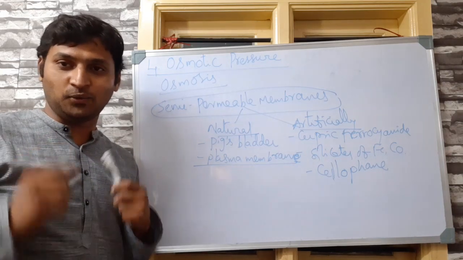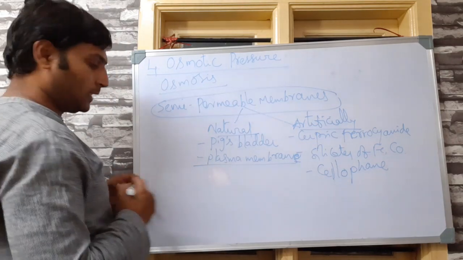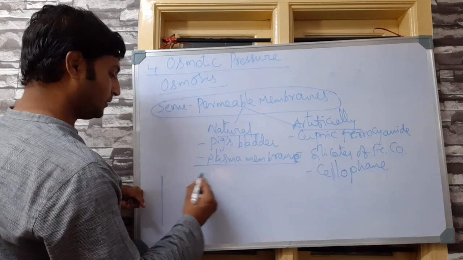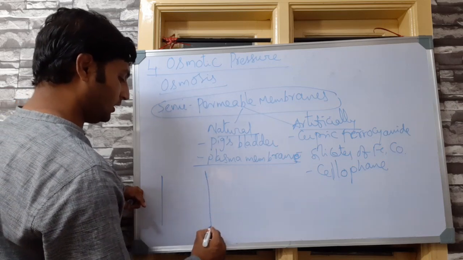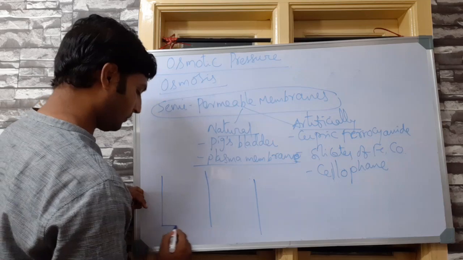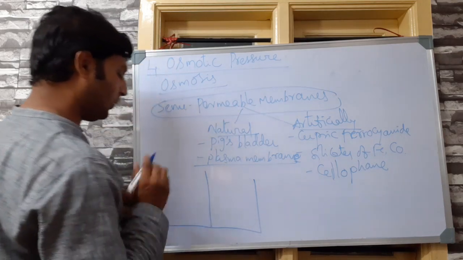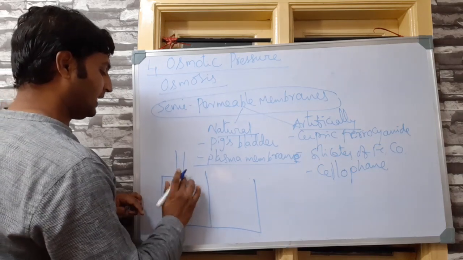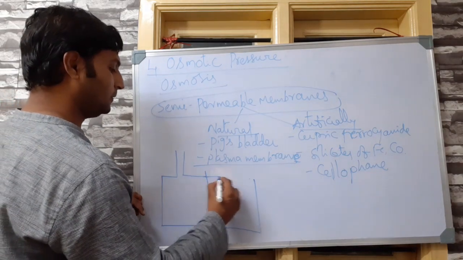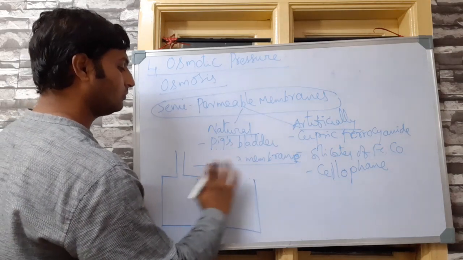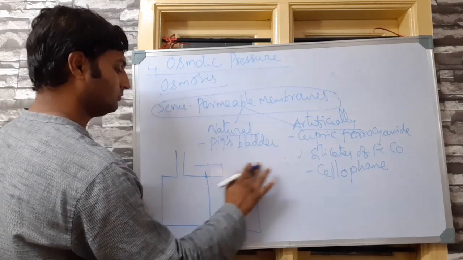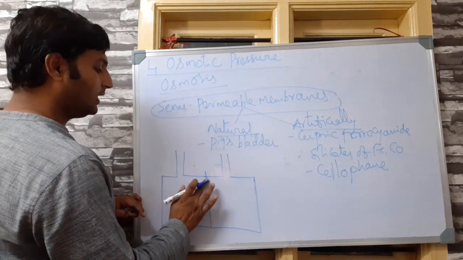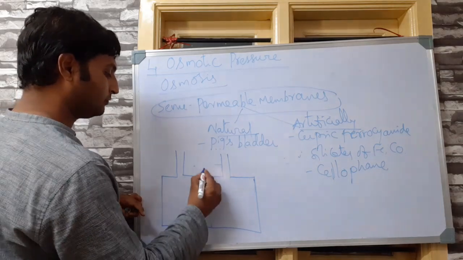Now observe carefully. Let me take a vessel with two compartments. Assume both of them contain a capillary tube here, and this is the semi-permeable membrane.